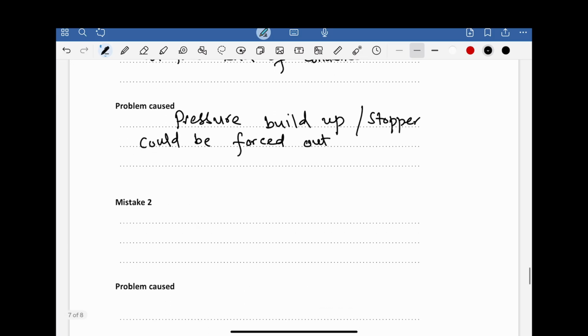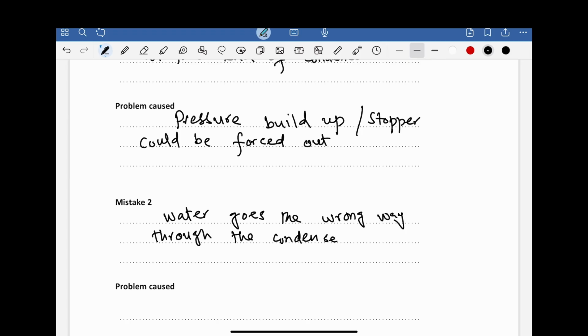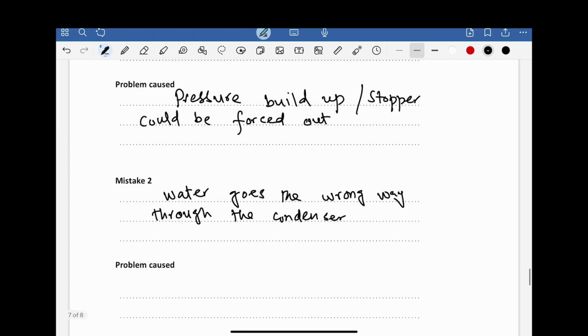Mistake 2. Water goes the wrong way through the condenser.